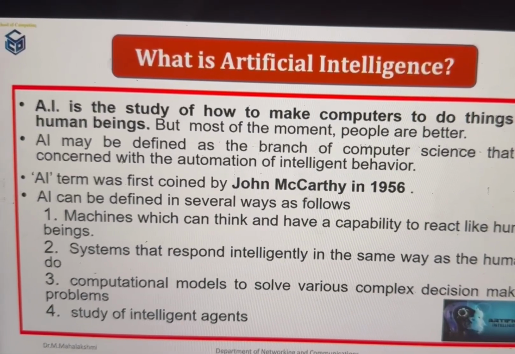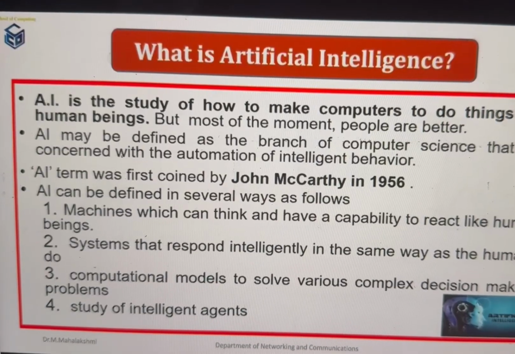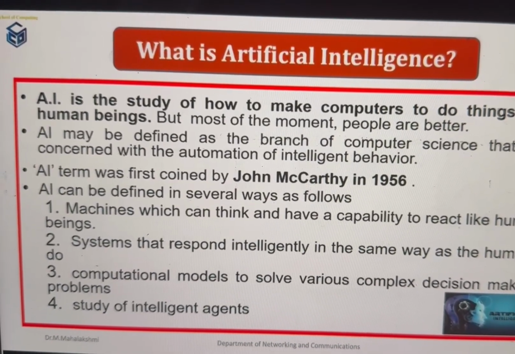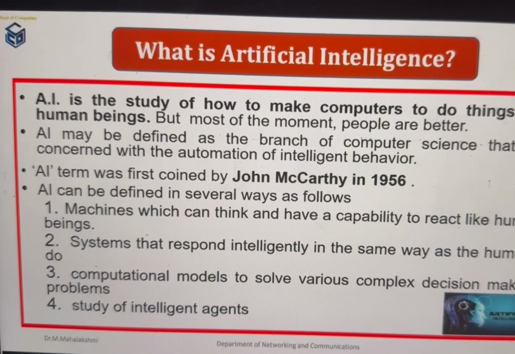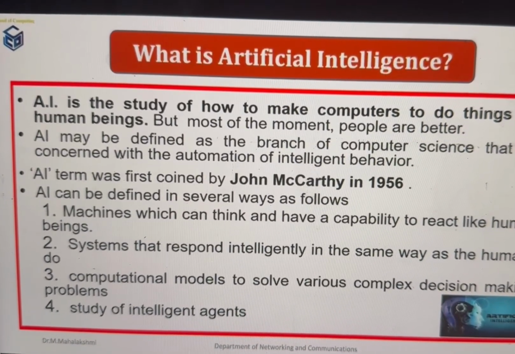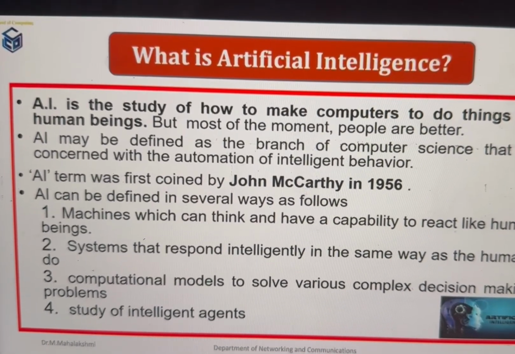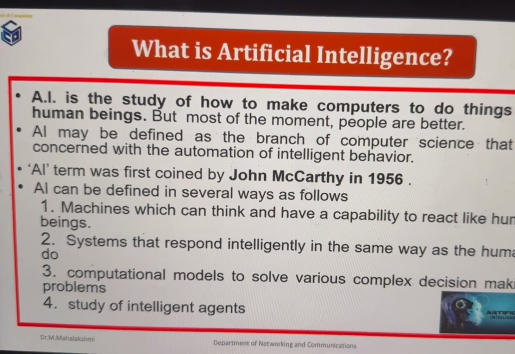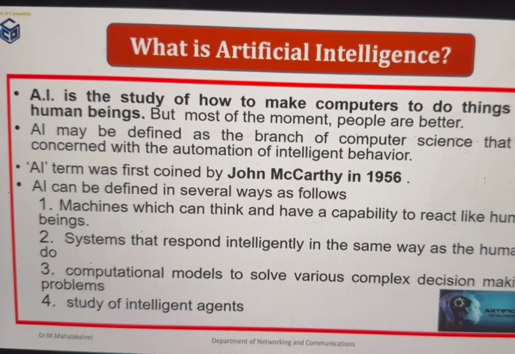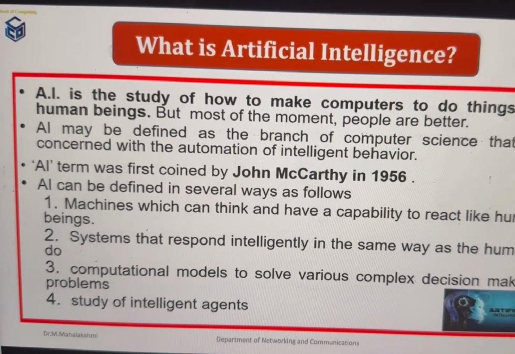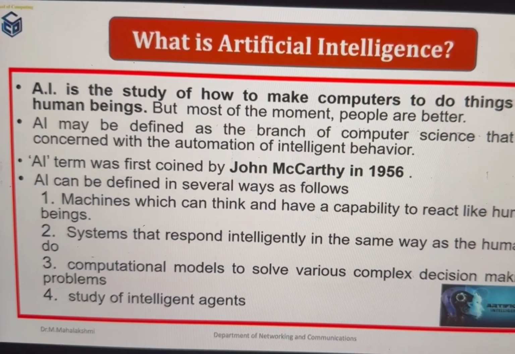So basically, the basic definition about AI is, as they have said, a study of how to make your computers behave like a human being. Okay, think like a human being, behave like a human being, or act like a human being. Basically, you are going to train a machine to behave or think like a human.